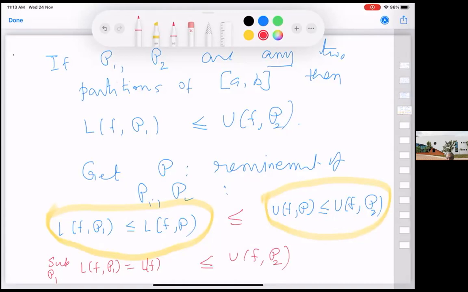Now you take the infimum over P2, and that will get you that LF is always less than or equal to UF. So here, what we have seen is that while we have defined the LF and UF as we will define, I have not yet defined here, maybe.